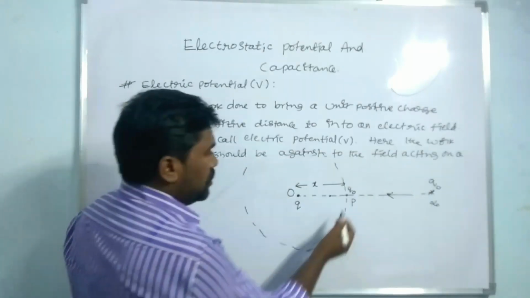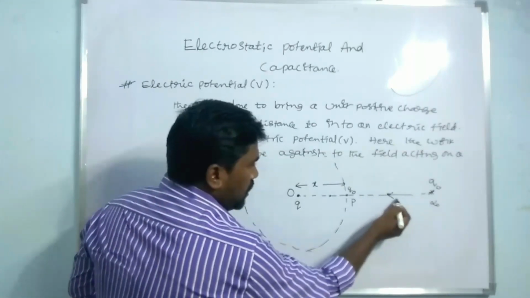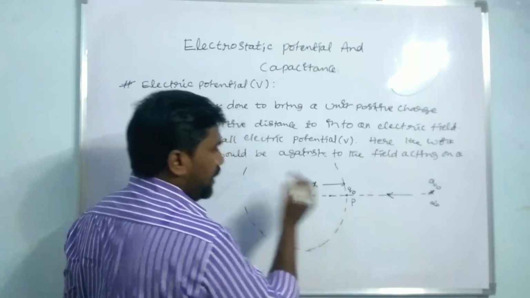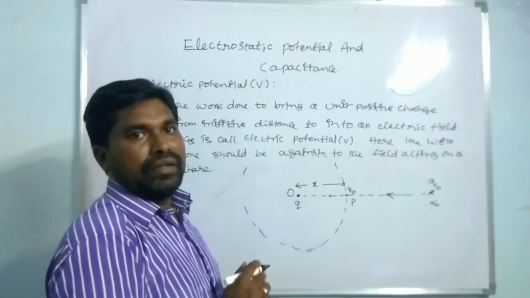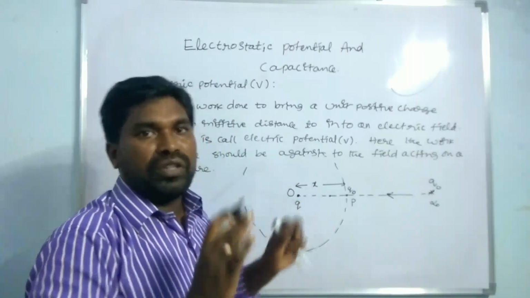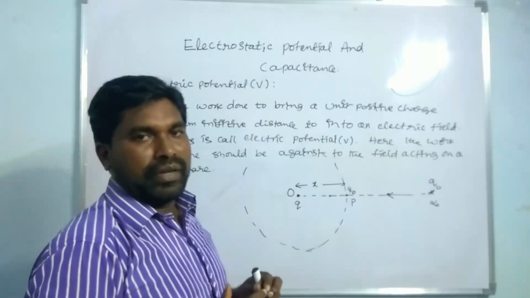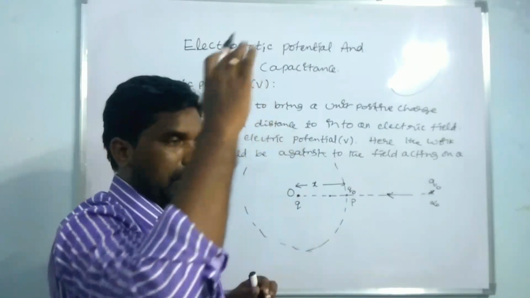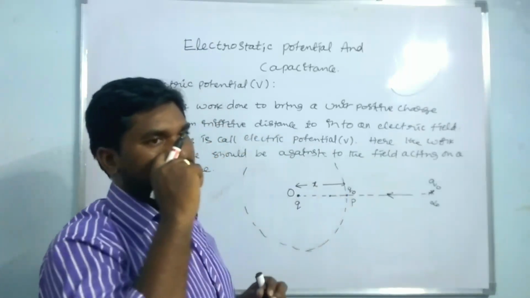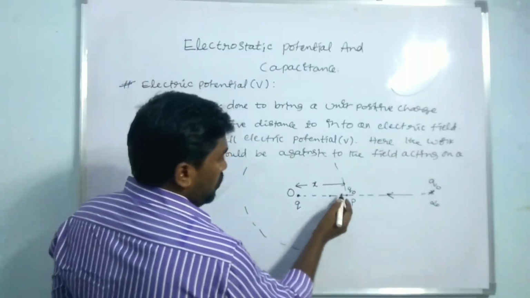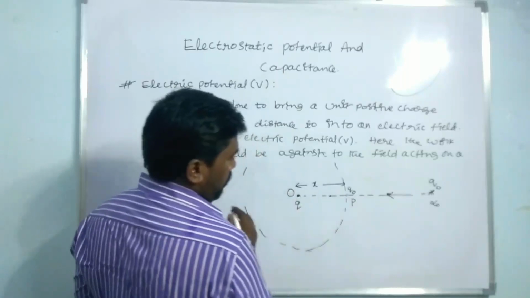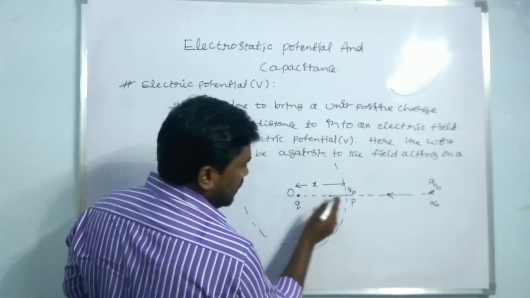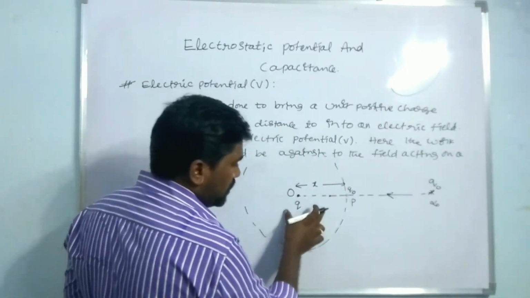Our aim is for the unit positive charge to be brought into the field, not just up to the field. The electric charge is moved from the infinite distance into the field. Now the work done should be slowed down because a force will be acting on this charge, because of the field.